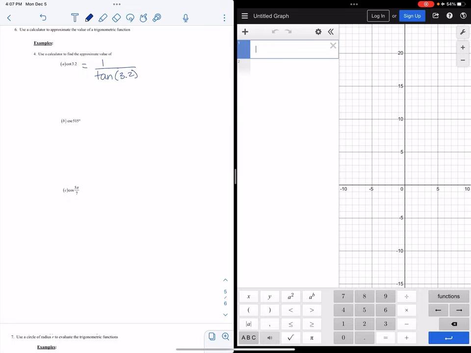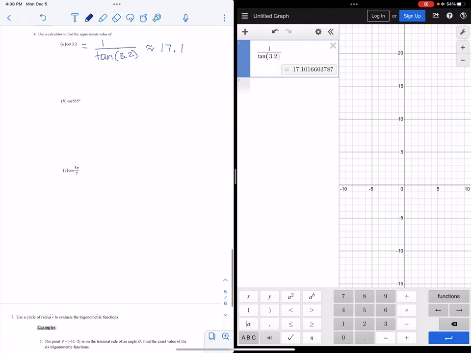So that's what we want to put in. 1 over, and we know tangent of 3.2. And as we can see, that's approximately 17.1. Now, yes, you may have seen the Desmos calculator does give me a cotangent button, but if you're using a TI-84, you won't have a cotangent button. So you're going to want to do it this way.